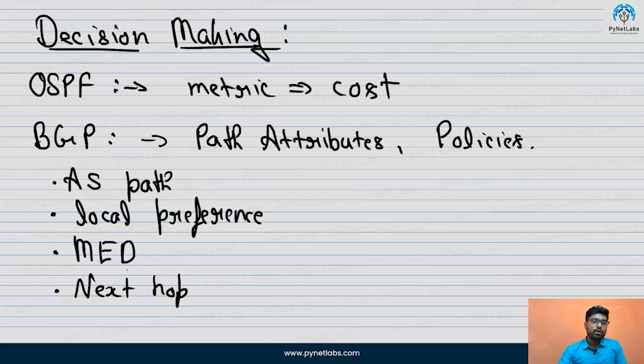These four path attributes are used by the BGP protocol to find the best path between the source and the destination. But all of these path attributes are defined by the admins of our network.